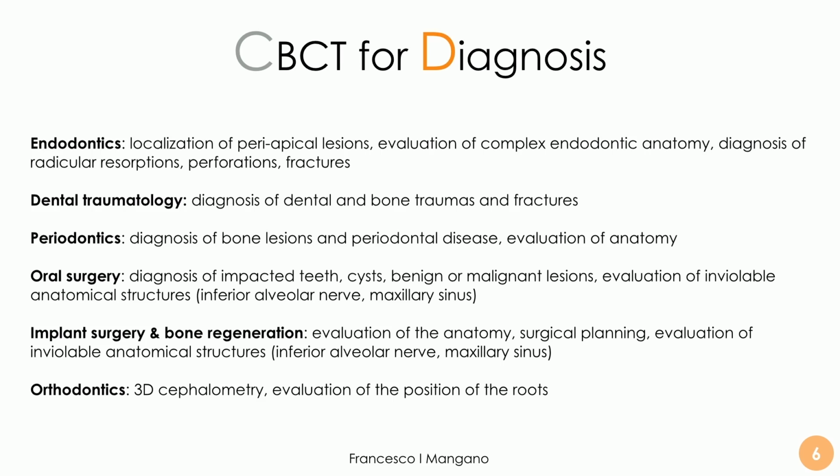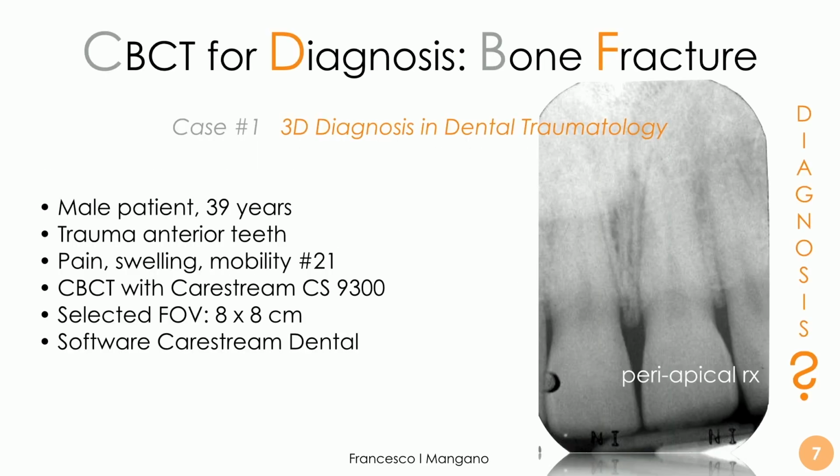But also in orthodontics it is very important, and it will become a game changer very, very soon, because we have the possibility to evaluate, for example, the position of the roots for orthodontic purposes. So cone beam computed tomography has different possible applications for diagnosis. And now I give you a few examples of the power of this machine.